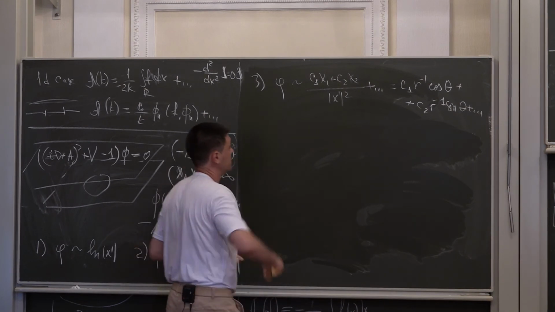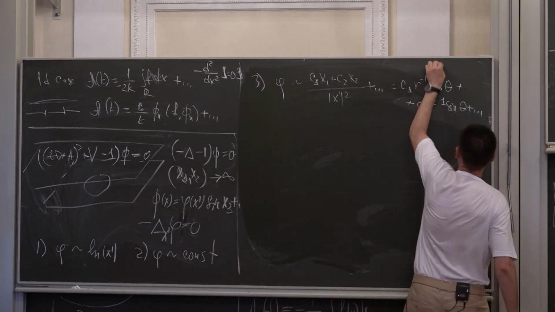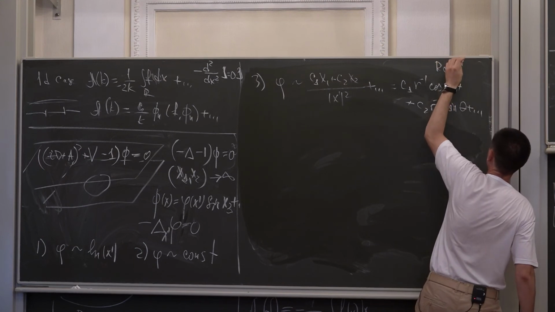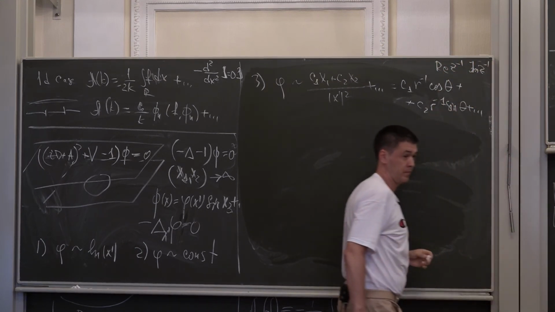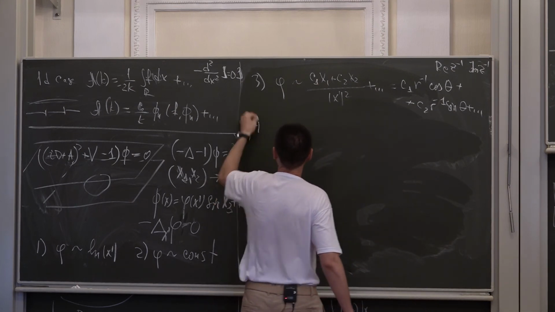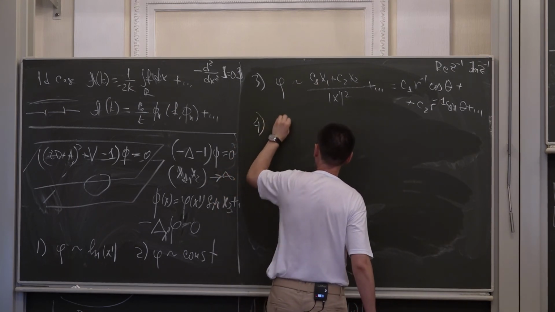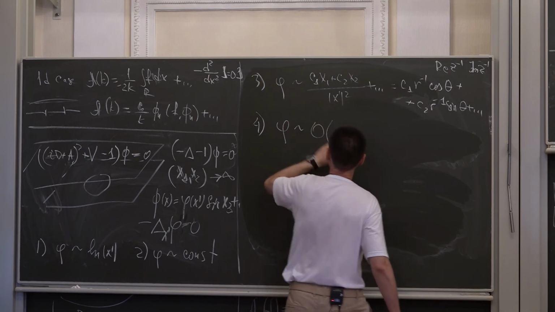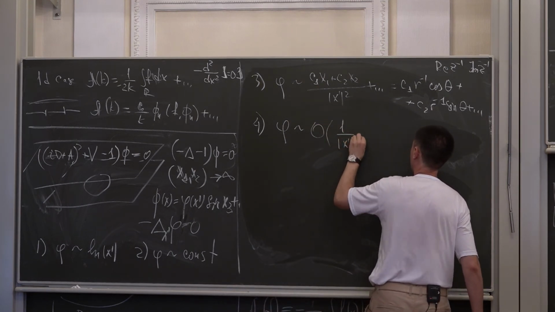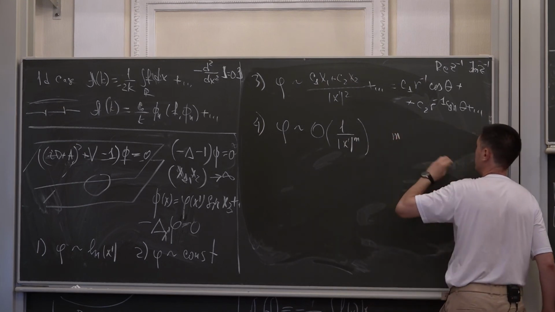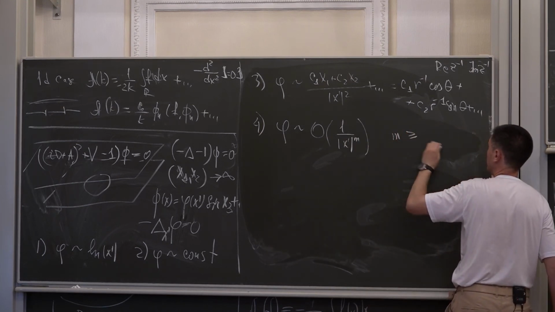So this is the real part of the function z to the power minus 1 and its imaginary part, and like this one. And actually then I can have also some solutions which behave as 1 over modulus of x to some power m, where m is greater or equal than 2.